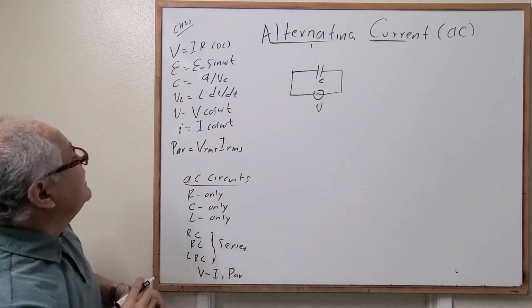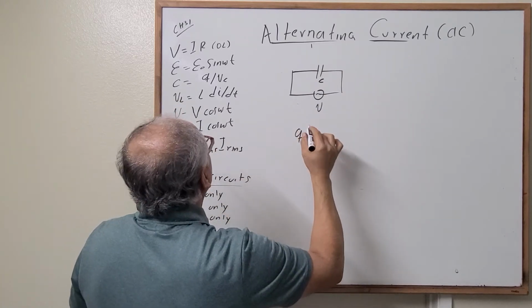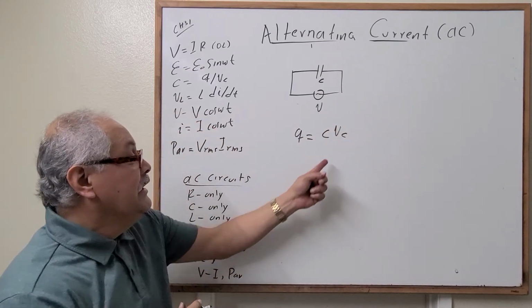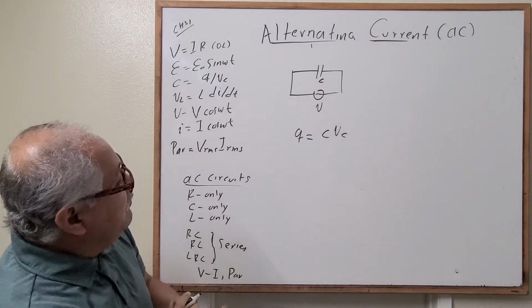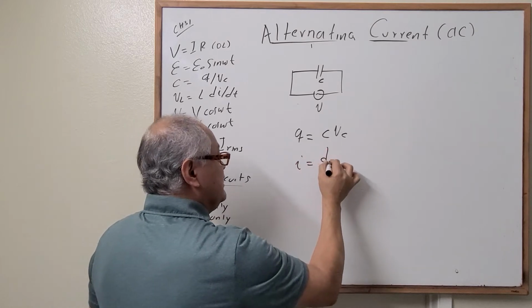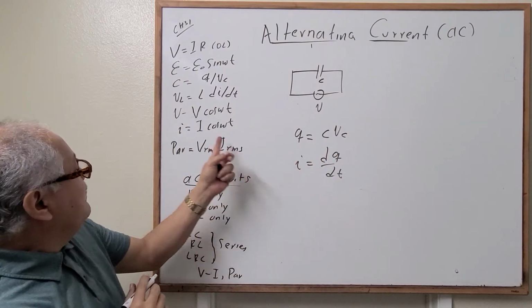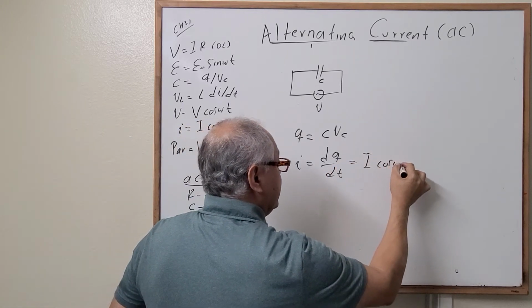In this case, we are dealing with this equation: the charge is equal to the capacitance times the instantaneous voltage of the capacitor. But this charge is related to current. Remember, instantaneous current is equal to the change in charge with respect to time. Also, we found it's equal to maximum current times cosine omega t.